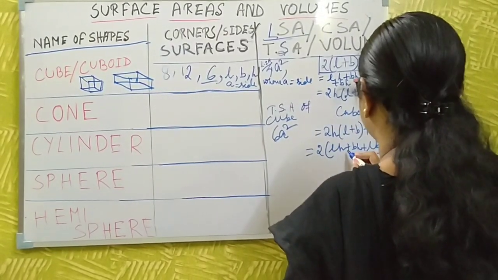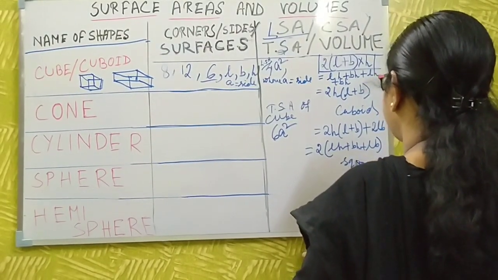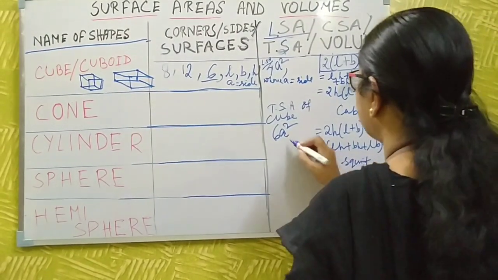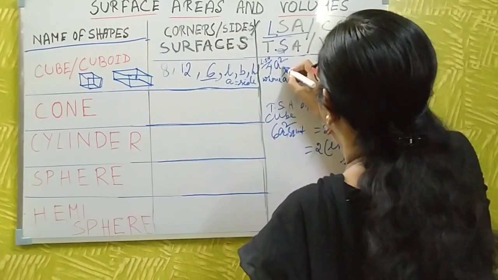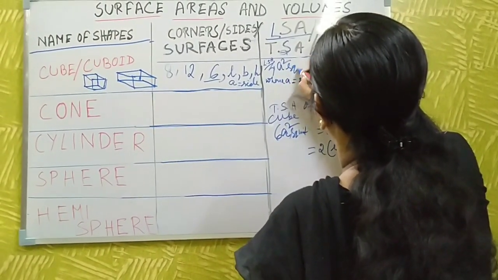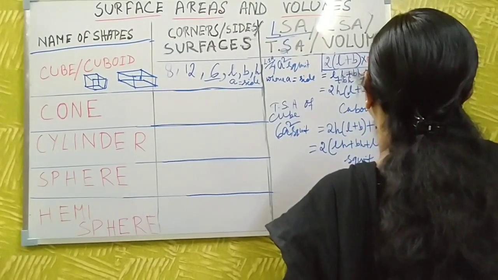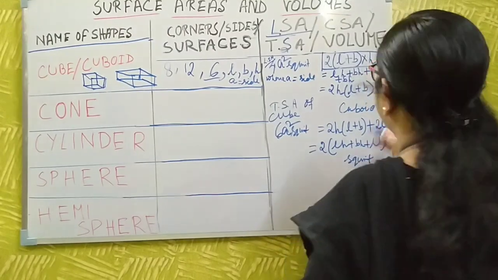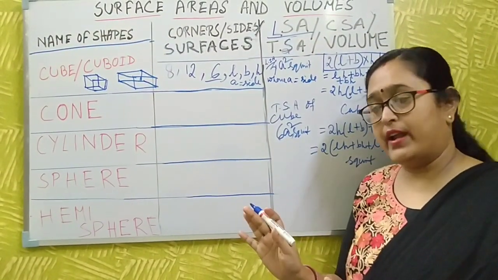This is the total surface area of a cuboid. You must write square unit. The unit of area is square unit.